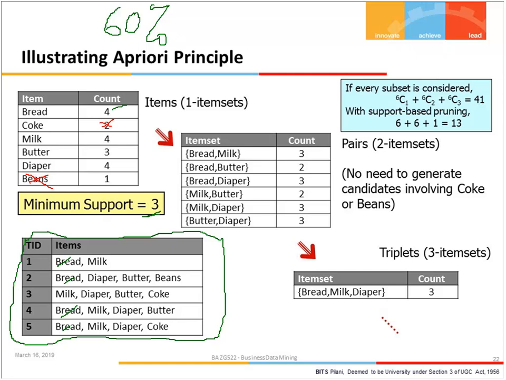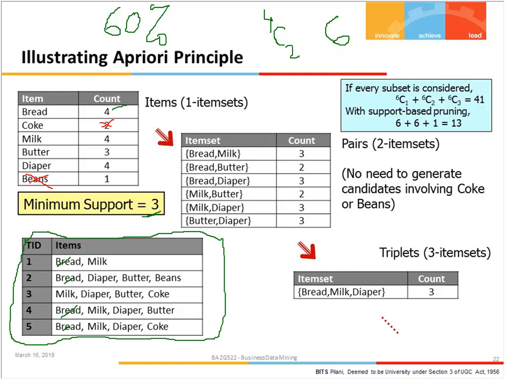Given that there are 4 frequent 1-item sets, we got 6 candidate item sets of size 2. How did we get that? This is 4C2. All right, so we got 6 candidate item sets.